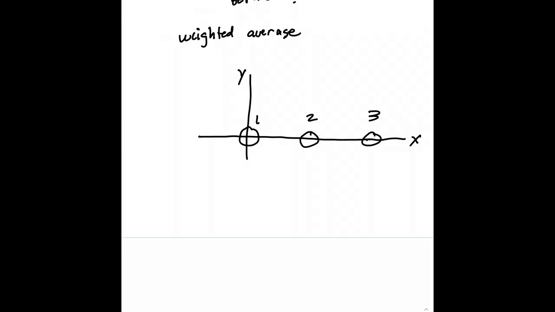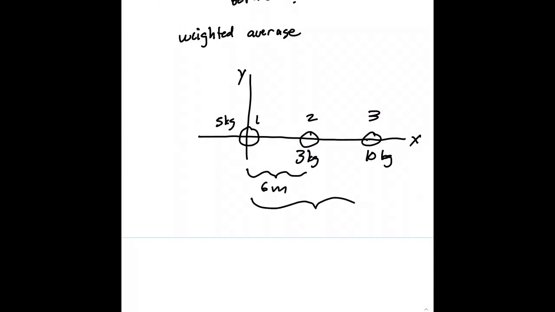We can say object number 1 has a mass of 5 kilograms, object number 2 has a mass of 3 kilograms, and object number 3 has a mass of 10 kilograms. And the distance from the origin to mass number 2 is 6 meters, and the distance to object number 3 is 10 meters.